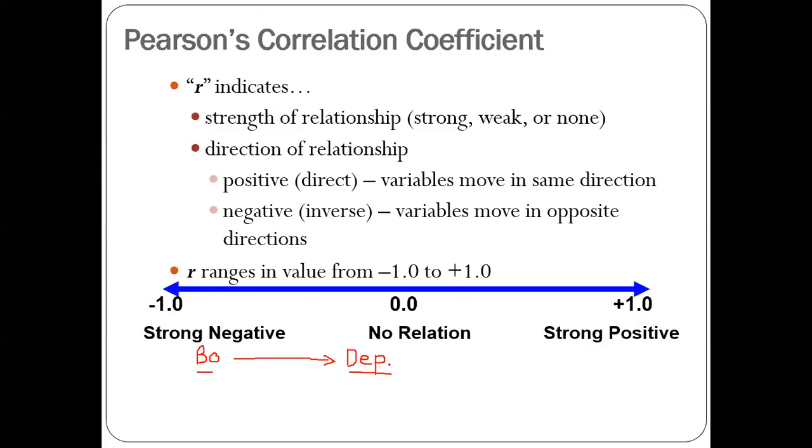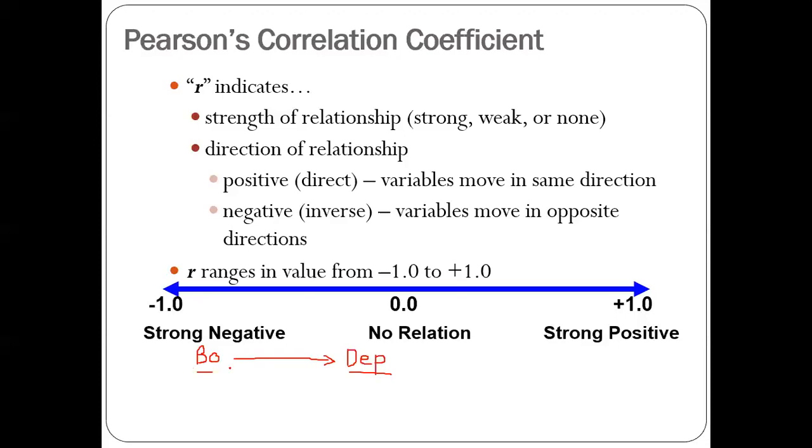And depression is also referred to the negative psychological health condition. So in this situation, the variables are in the same direction, in the same dimension or condition. It refers to the negative psychological health conditions.